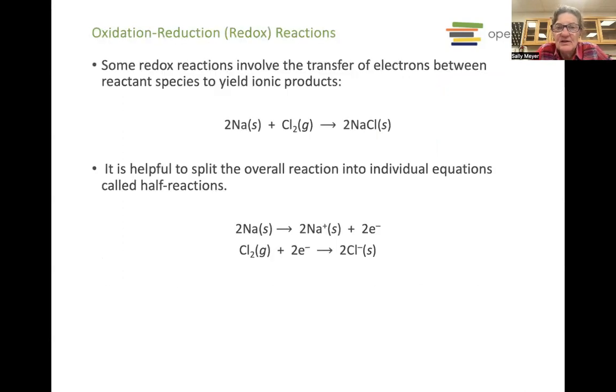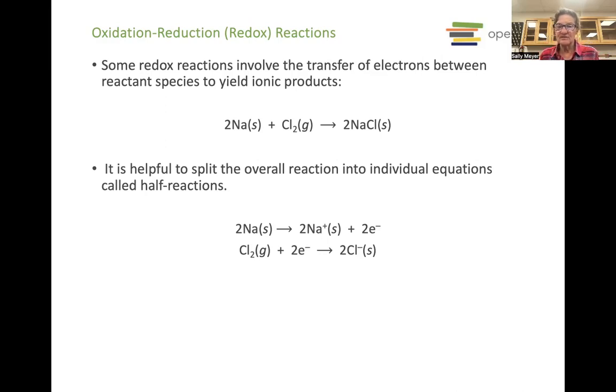Okay, so now we're going to go on to another type of reaction, oxidation-reduction reactions. Some redox reactions involve the transfer of electrons between reactant species to yield ionic products. It's helpful to split the overall reaction into individual equations called half reactions.